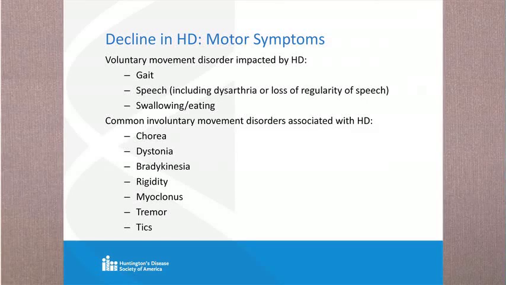Gait disorders are often impacted by Huntington's disease. Speech, including dysarthria and loss of regularity of speech. Eating and swallowing can be very much impaired. And common involuntary movements associated with Huntington's disease that should be documented include chorea, dystonia, bradykinesia, which you have to take a step back and watch for a lack of movements, rigidity, myoclonus, tremors, and tics.